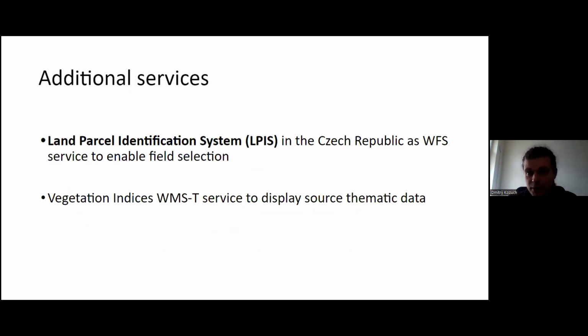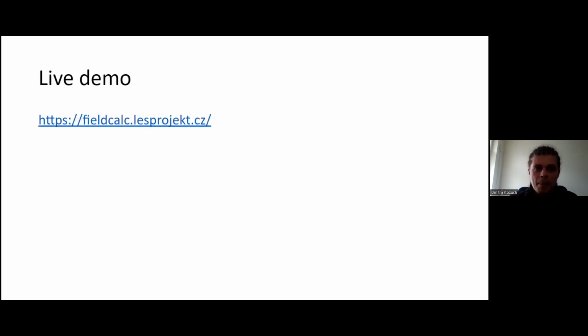Additional services involved in this application are the field borders from the land parcel identification system, which we have as a WFS service, and a WMS service that displays the source data of the index on the map. And now maybe I can go to the demo.